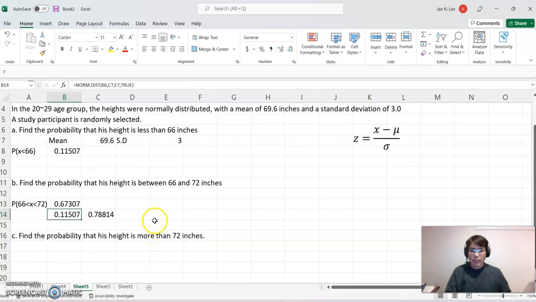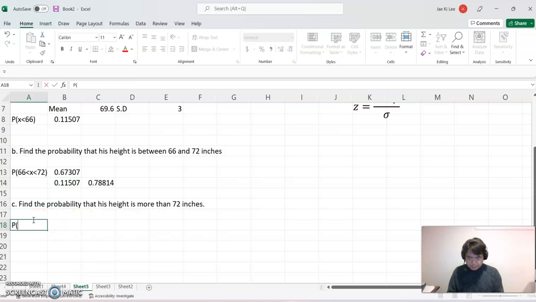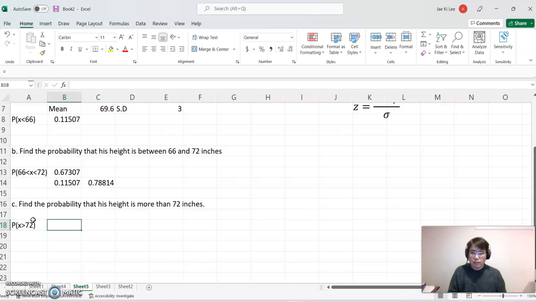Now C. Find the probability that his height is more than 72 inches. We can set up the probability x is greater than 72 inches. Now it is on the right-hand side. After we convert to the z-score and find the probability value, it represents the left-hand side.